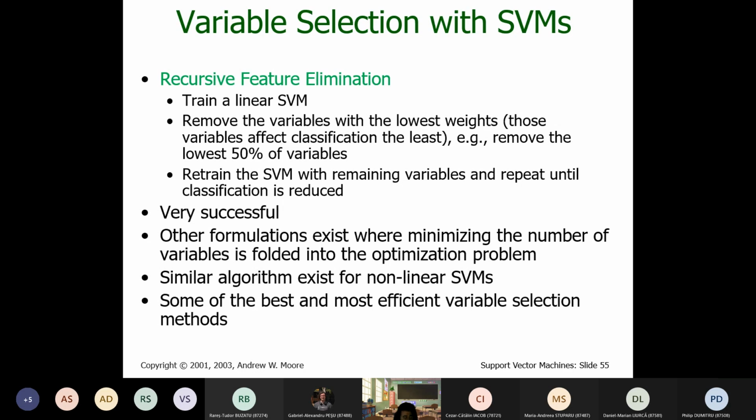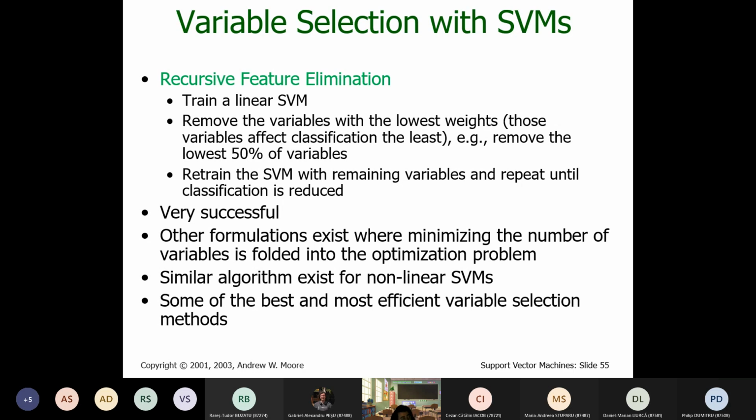The number of variables is placed in there, and therefore some of the variables will have zero coefficients and will disappear from the final estimator. There are similar algorithms for nonlinear SVMs, and some efficient methods for variable selection.